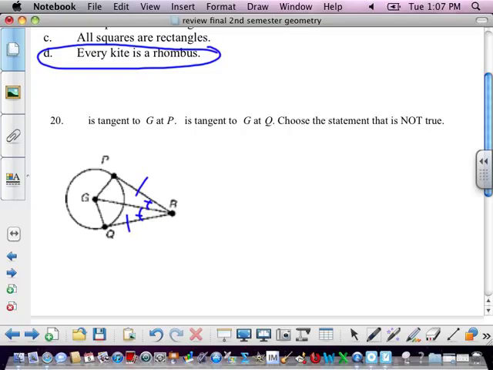Angle PGR is congruent to angle QGR. And angle GPR is obtuse. Which one is not true for number 20? The only one not true is D. It doesn't have to be obtuse. GPR actually has to be a right angle.